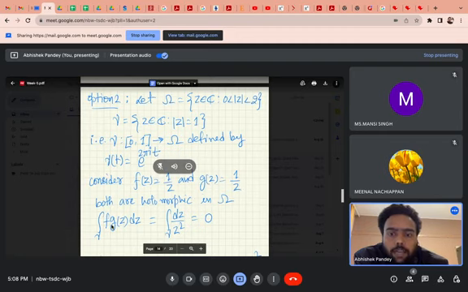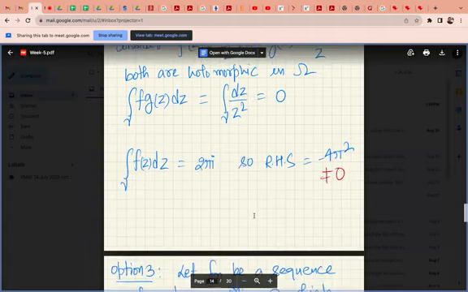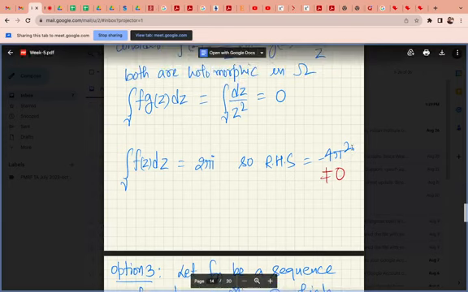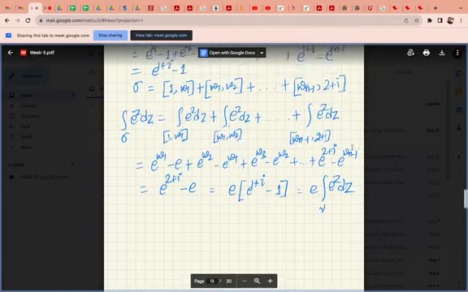So f into g is 1 by z square. Earlier we have seen that the integral over gamma of dz by z square is equal to 0, but the integral of f over gamma is 2 pi i, and the integral of g over gamma is again 2 pi i. So that will be minus 4 pi square on the right-hand side, which is not equal to 0. So option 2 is not correct.